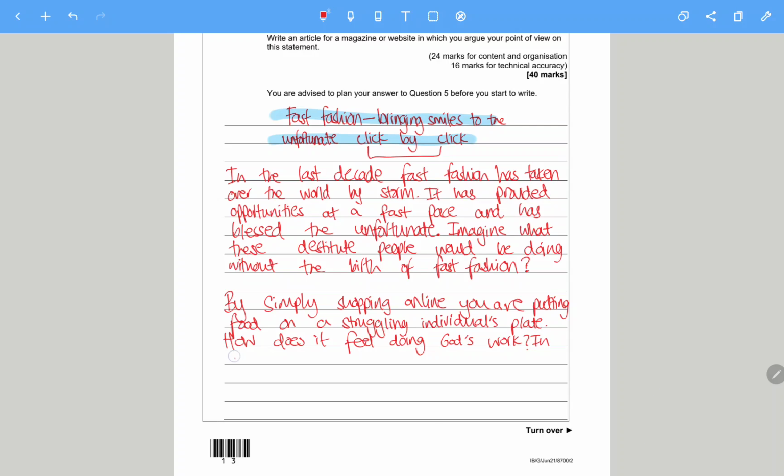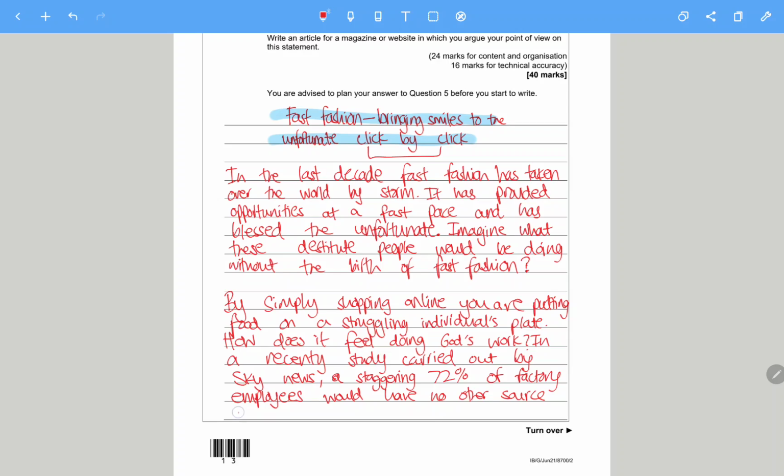So I'm going to say, in a recent study carried out by, remember, when you give statistics, give it from authority, carried out by Sky News, a staggering 72% of factory employees would have no other source of income if the factories did not exist, or if the factories had not existed.